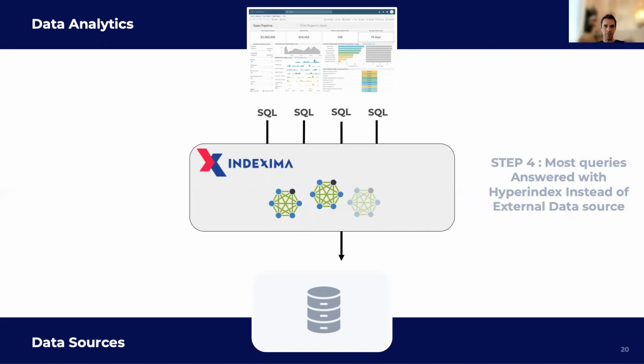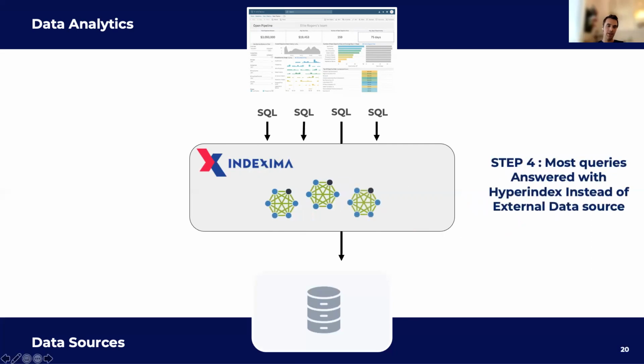And once some hyperindexes are generated, the queries will start to be replied to directly by Indexima and won't be delegated anymore to Snowflake. And finally, after a while of machine learning, Indexima will be able to reply to pretty much any queries without having to delegate anything to Snowflake.